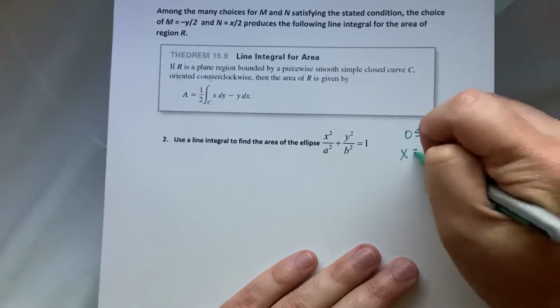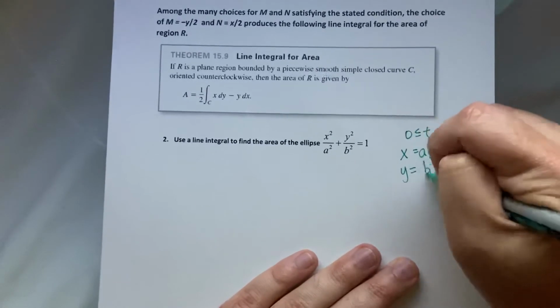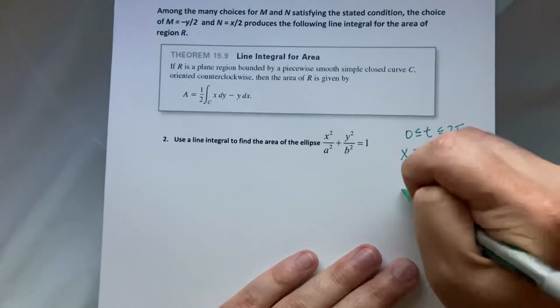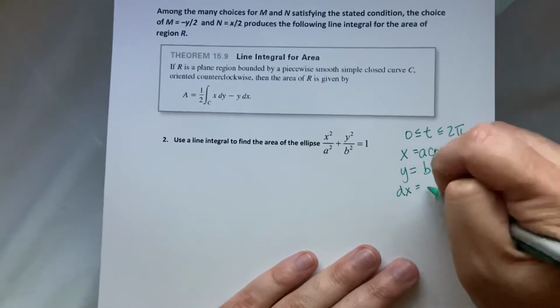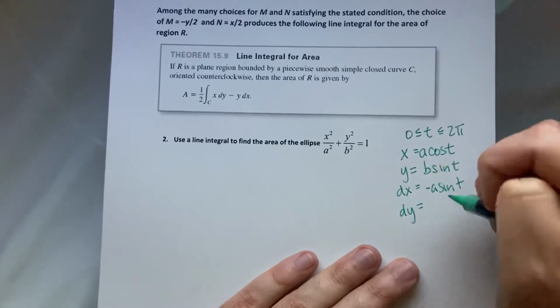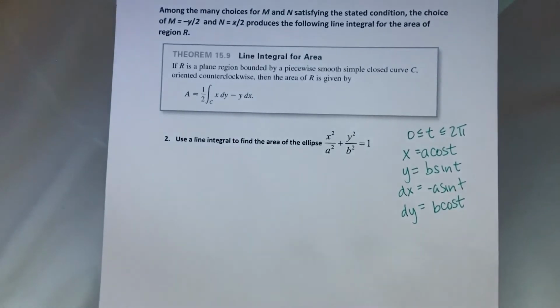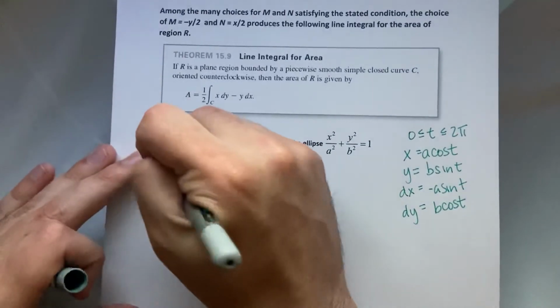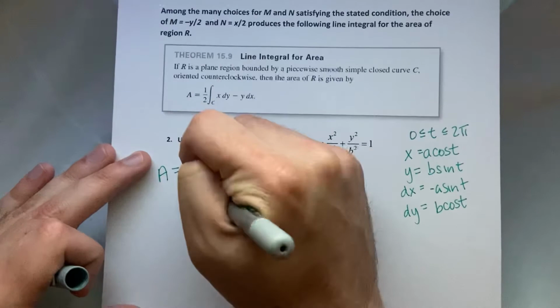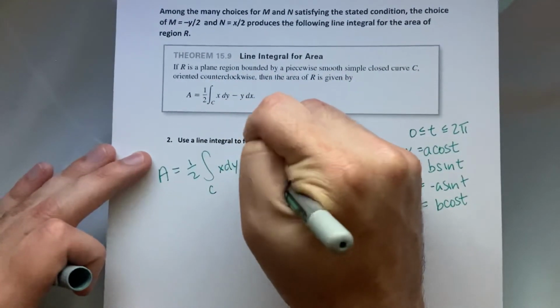x is a cosine t, y is b sine t. dx is negative a sine t, dy is b cosine t. Now it says the area is 1/2 the integral over C of x dy minus y dx.